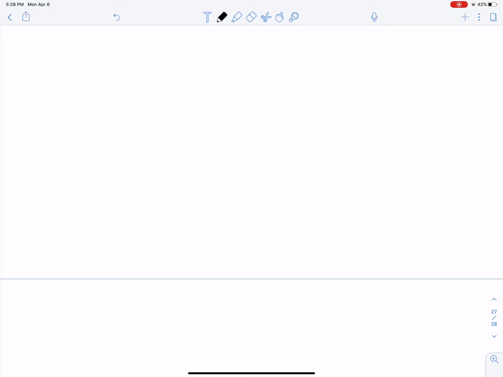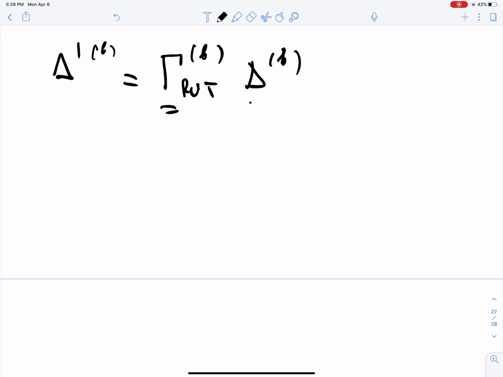Okay. Then you develop the delta prime, right, by taking the rotation matrix. Sorry, it's element B, times delta B. Okay. Now remember, for this example, this is identity 6 by 6. Okay, so the two are the same, right?